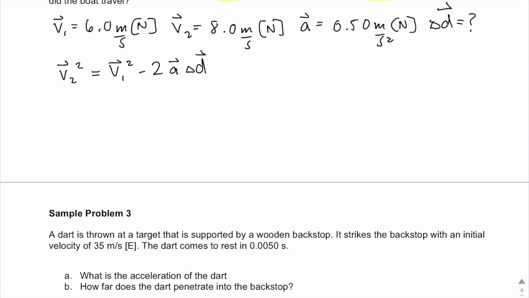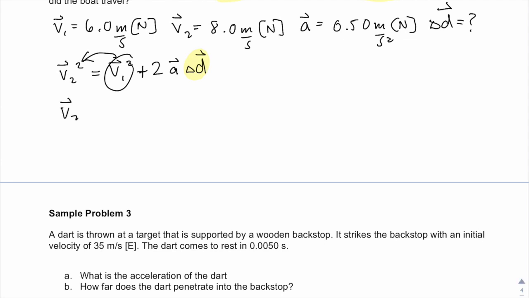This is equation 4. First thing we want to do is rearrange this equation to solve for delta d. So let me correct this. This is plus 2a delta d. So we want to get delta d by itself. The first thing we're going to do is take this v1 squared and bring it over the equal sign.